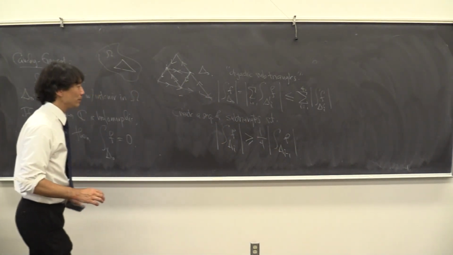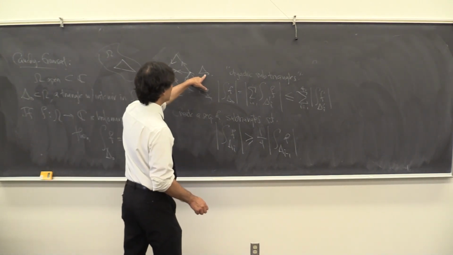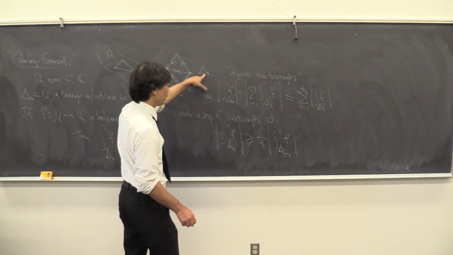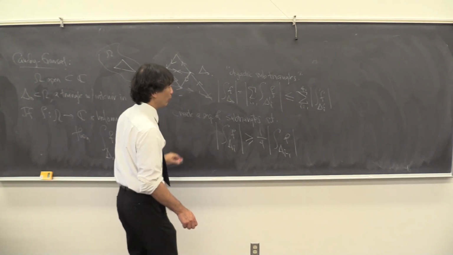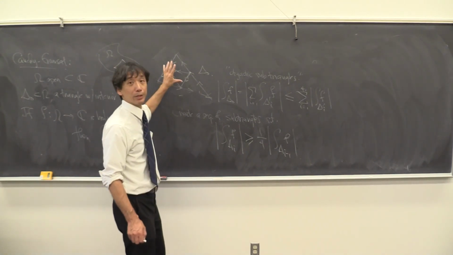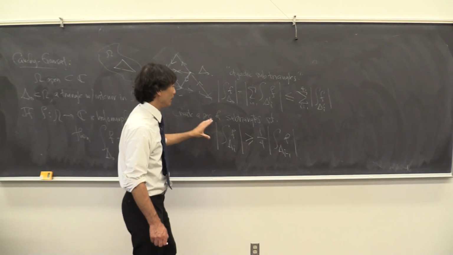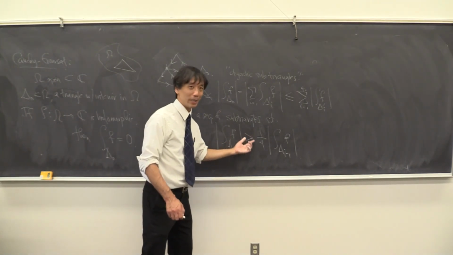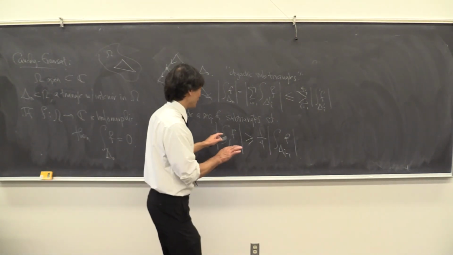Right, so this is our delta naught. We're going to choose a delta 1 that has to eat up a quarter of the integral of the original. If they're all smaller than a quarter, then you get the contradiction. I'm sorry, I was crazy. Thank you.